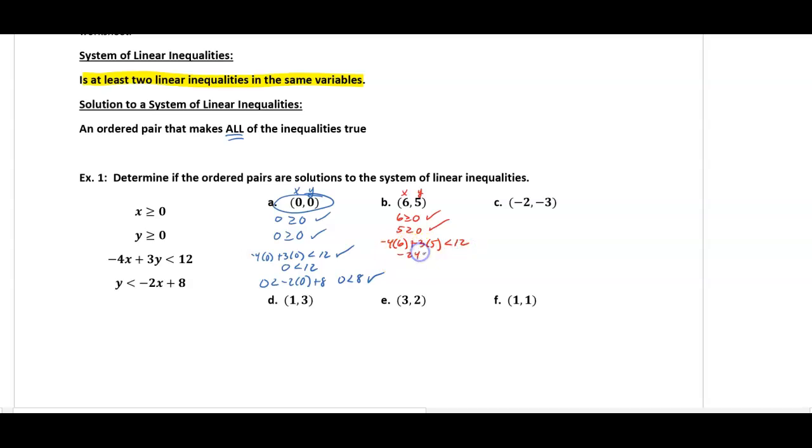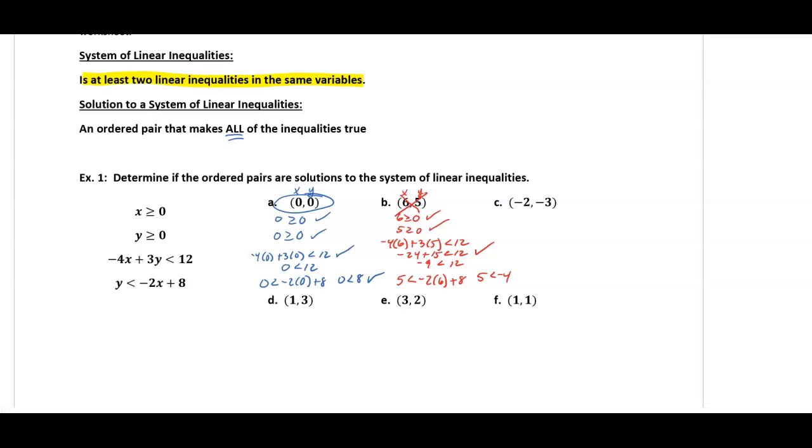Is negative 24 plus 15 less than 12? I would say negative 9 is less than 12. That checks off. How about the last one? I'm replacing y with 5. Is that less than negative 2 times 6 plus 8? Is 5 less than negative 4? That is false. Therefore, that is not a solution.